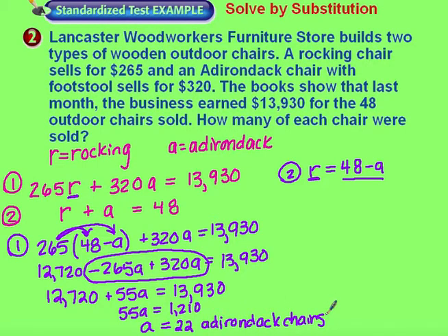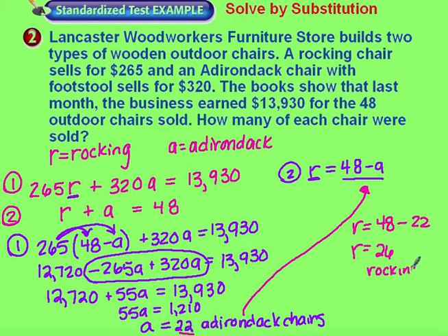Now, very quickly, I can figure out how many rocking chairs if I throw this right back up into this equation. So I'm going to take my rocking chairs is equal to 48 minus 22. And I'm going to find that there were 26 rocking chairs sold.